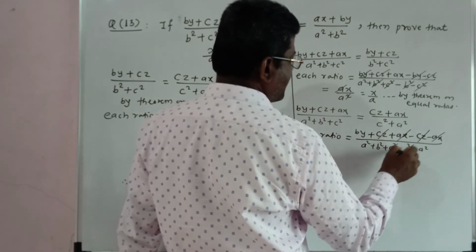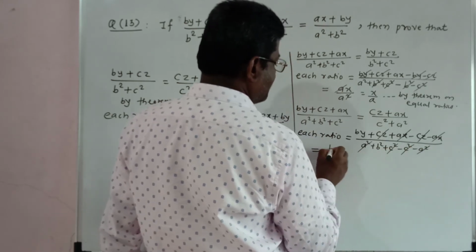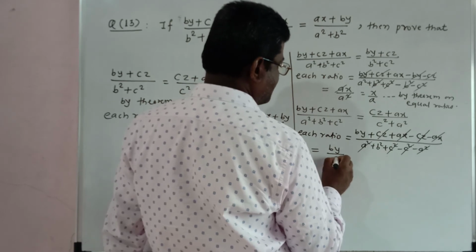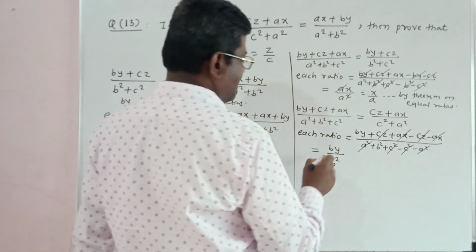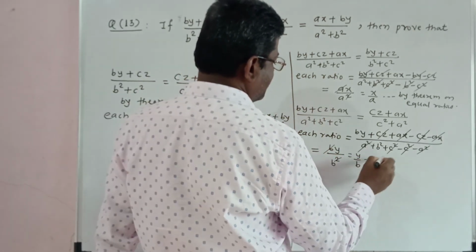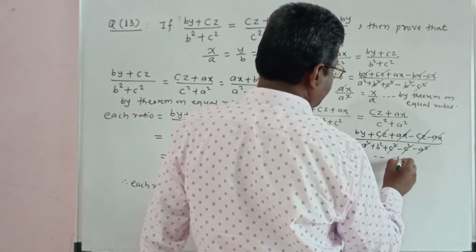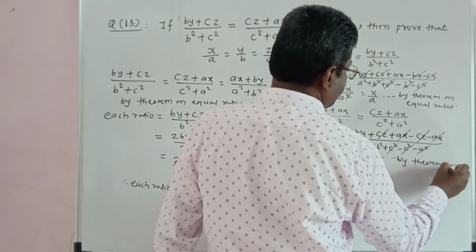Here c square minus c square, a square minus a square cancel, equal to by upon b square. Now here one b will get cancelled, equal to y upon b. Here also we use theorem on equal ratios.